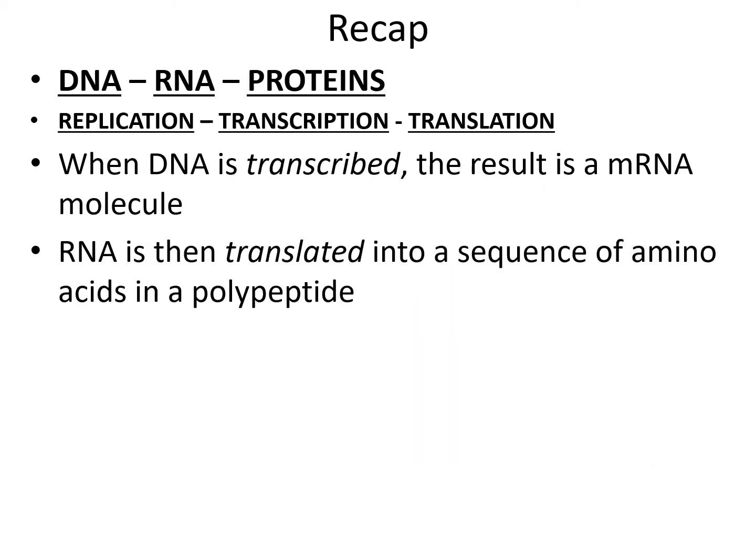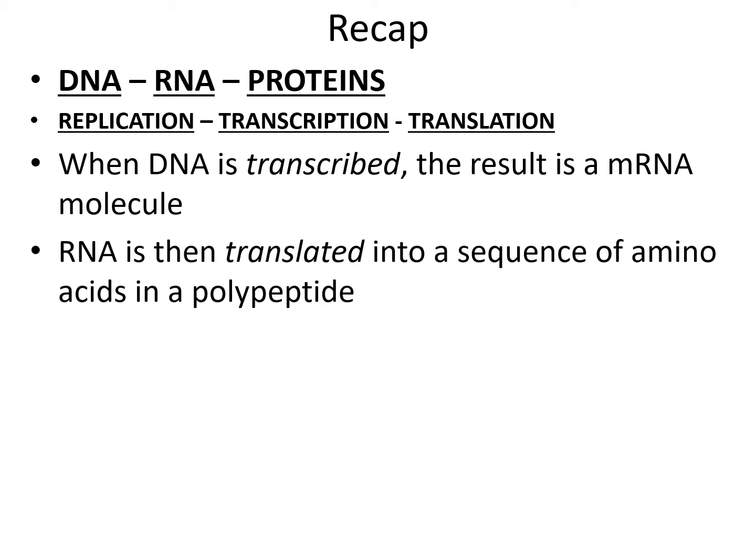So quick recap, I know this is a super quick treatment of these topics, but essentially we have this flow of information from DNA to RNA to proteins, and basically the functional blueprint of an organism is ultimately transcribed and translated here.